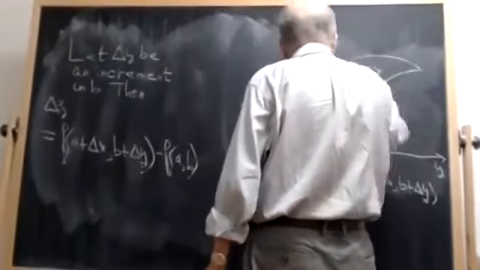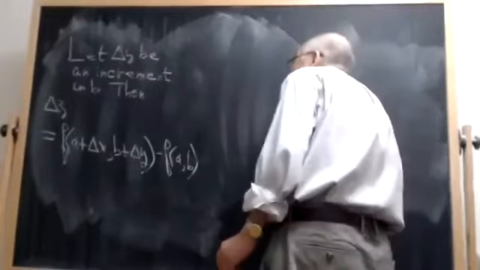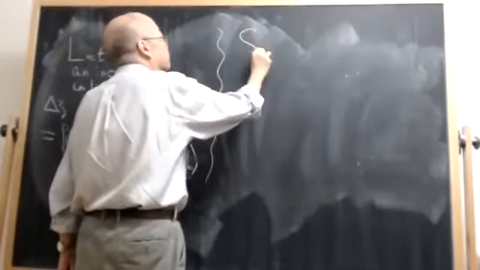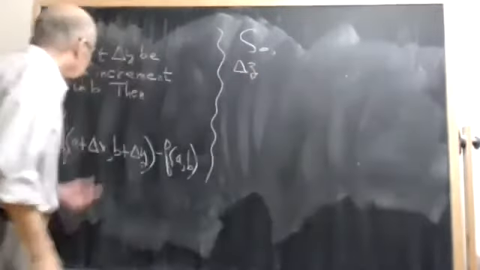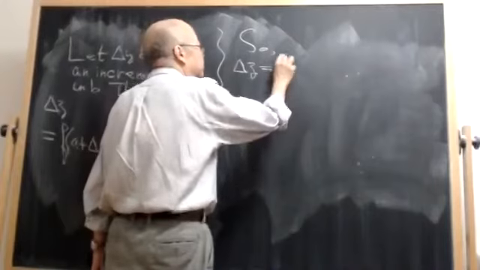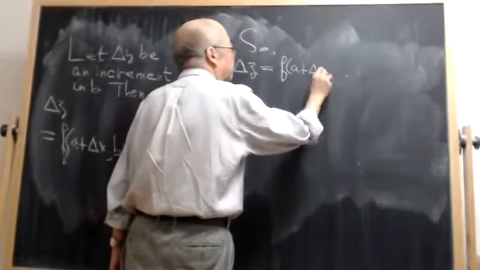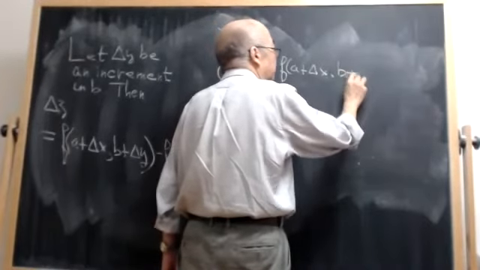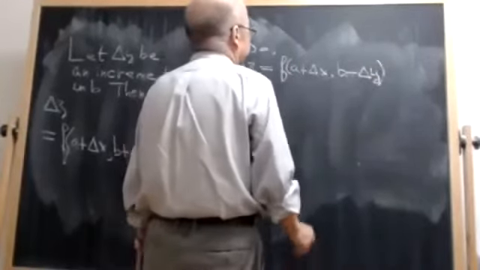Now I don't need this. So delta z is equal to the difference of these two numbers, which I am going to write like this. Don't have enough space.